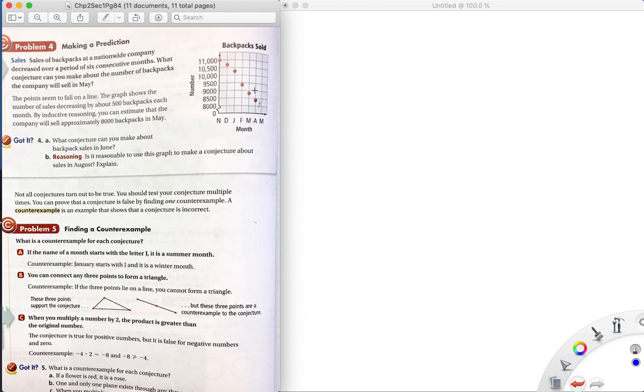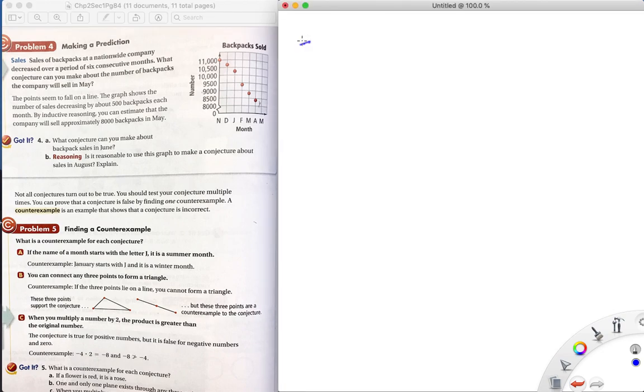Sales are going down. That's not a good trend. So what conjecture can I make? A reasonable guess is that, based off the graph, it is dropping 500 bucks approximately every month.